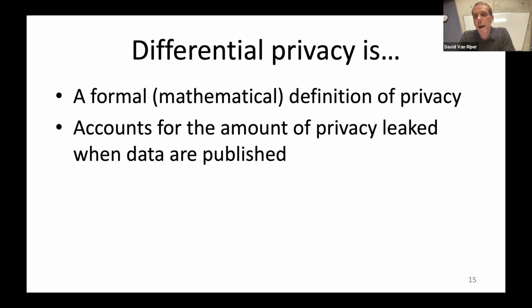But essentially, you set an upper limit on the amount of information that's leaked, and you just can't go over that limit. To explain this more fully, I want to go through a quick example of how this actually works in practice. I think it will help explain how differential privacy is implemented, and that will show you what that will look like.